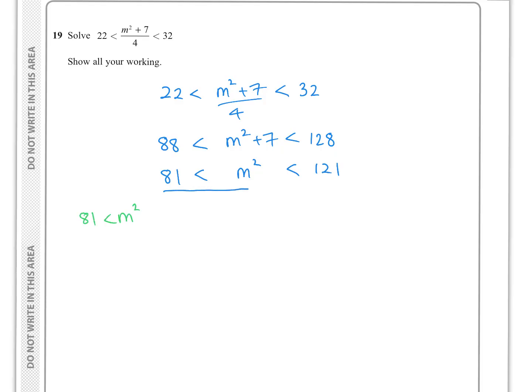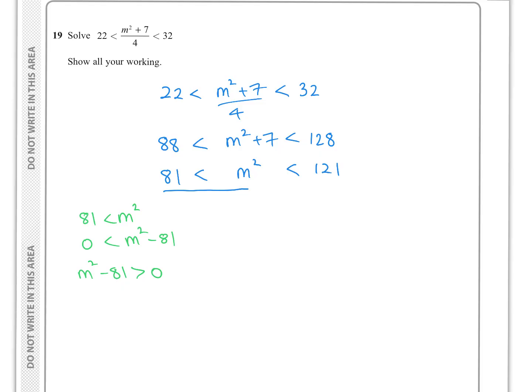Okay, so what I would personally do is I would look at this first and say 81 is less than m squared, which means that 0 is less than m squared minus 81. And if 0 is less than m squared minus 81, that means m squared minus 81 is greater than 0. Okay, so just think about that.